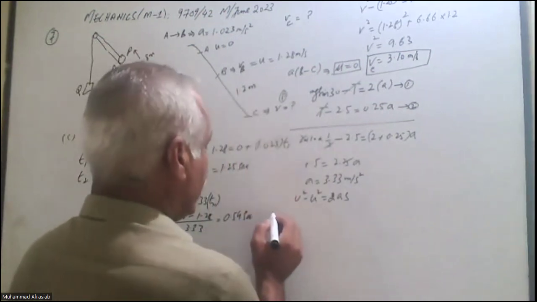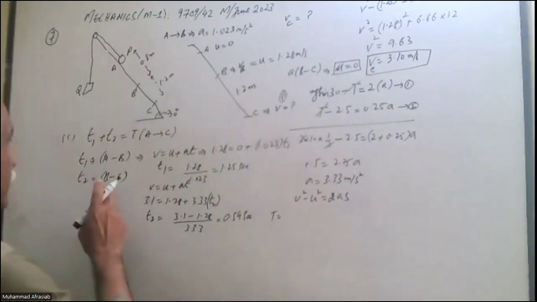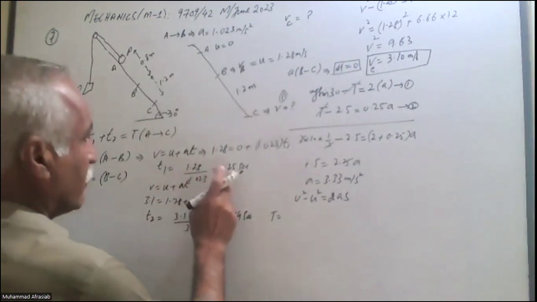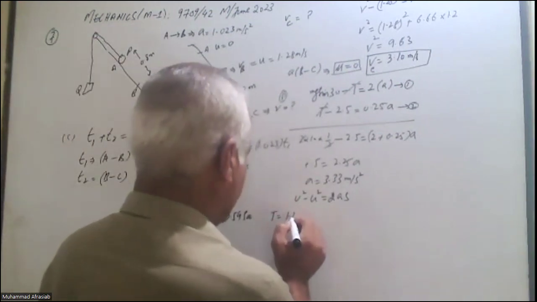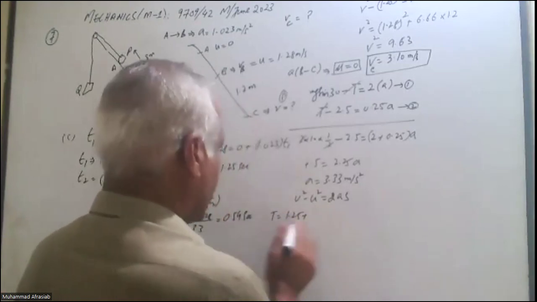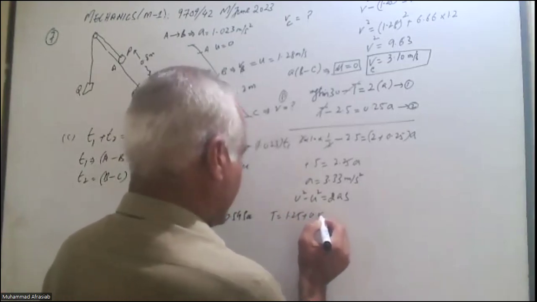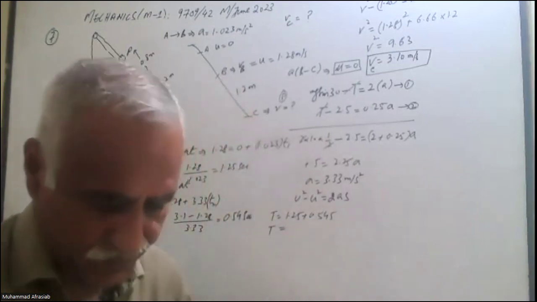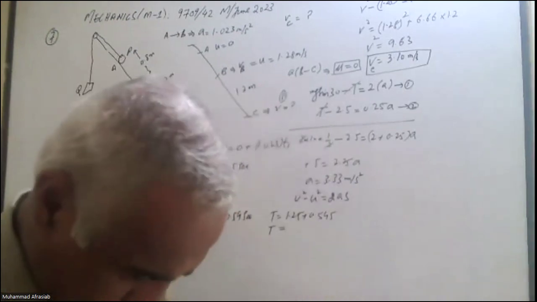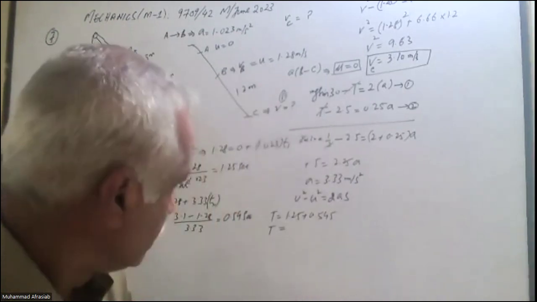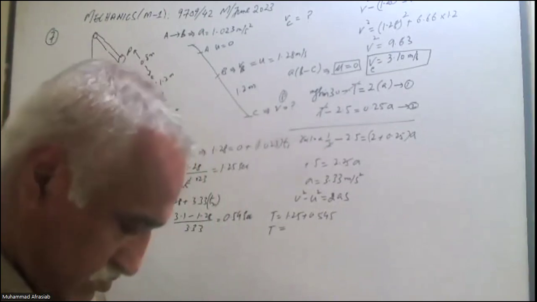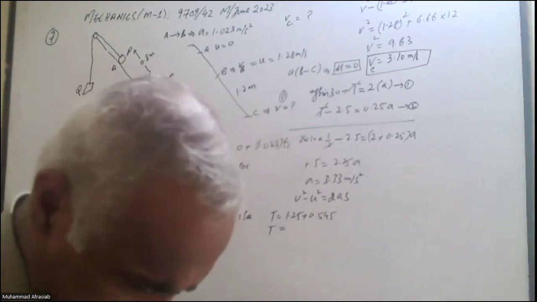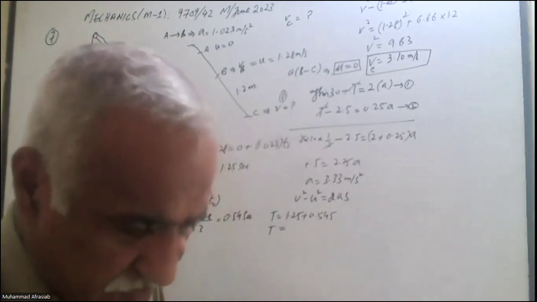And now the total time will be equal to T1 plus T2. T1 is equal to 1.25 plus this time 0.545, and the total time taken from A to C is equal to 1.79, or about 1.8 seconds.